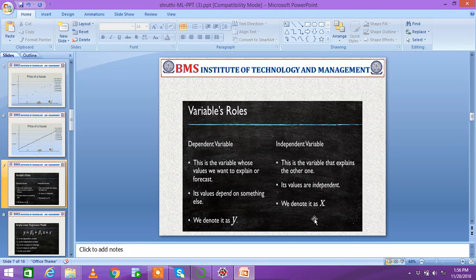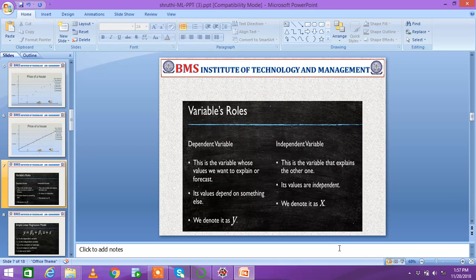Now, as I told you, we consider two variables: one is the dependent variable and the other is the independent variable. Here we always denote y as the dependent variable and x as the independent variable. As from our previous example, y is nothing but the price, and x is nothing but the house size, which is independent.